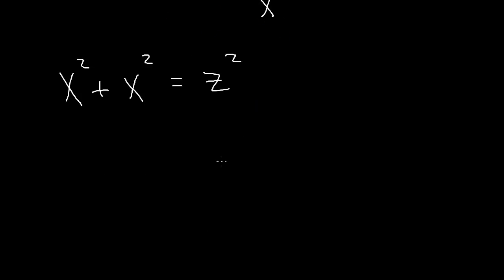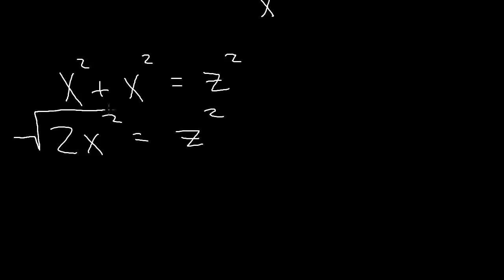Okay, now let's go ahead and try to simplify that. On the left, we can combine the two terms, and we get 2 x squared is equal to z squared. And to solve for z, all we have to do is take the square root of both sides.